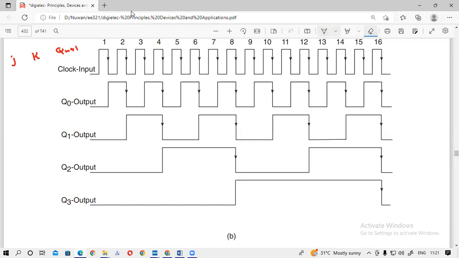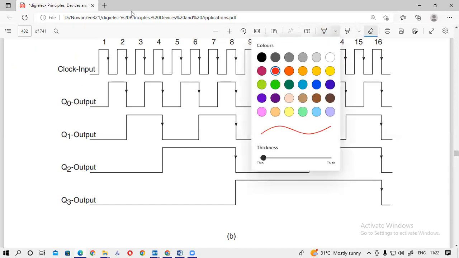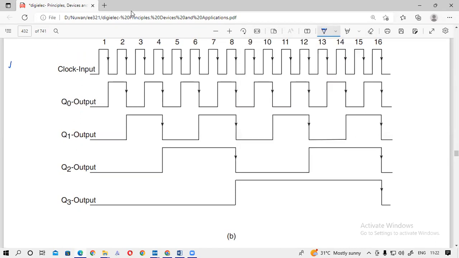Here you have J, here you have K, here you have Qn plus 1. J can be 0, 1, 1, 0, 1, 0, 0, 0, 1, 1. Can you tell me the value at Qn plus 1, please?